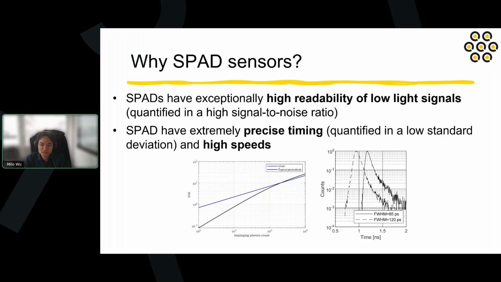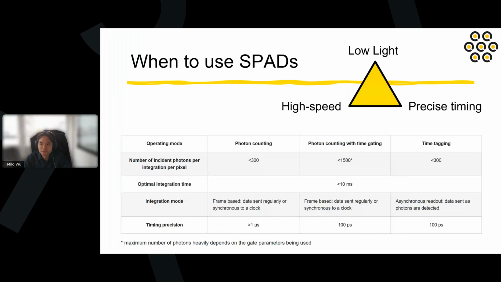There are actually only three key situations in which you will want to switch: when your application absolutely needs higher readability of low light signal, needs to work under high speed, and needs the timing information. In these three key scenarios, if you match 2 out of these 3 keywords, we strongly suggest you check out SPAD technologies.